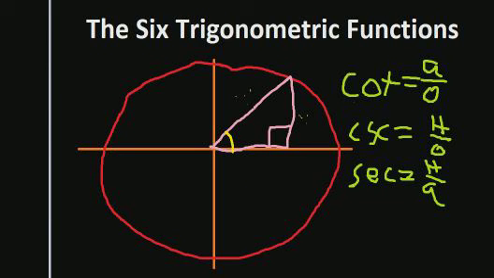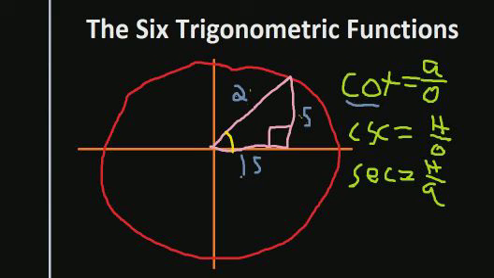Okay, now let's solve for each of these. Cotangent, remember, it's adjacent, which is here, over opposite, which is right here. We're just going to say that up here you have 2, nice and easy. Here you have a 5, which is your opposite, and your adjacent, we'll say that you have a 15. So how would you solve now for the cotangent?